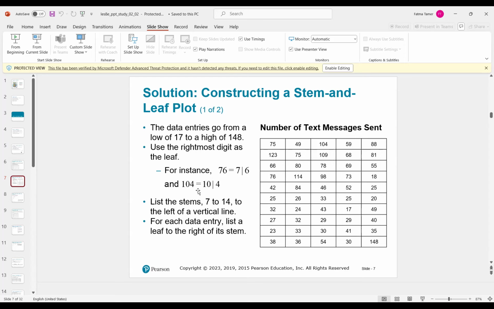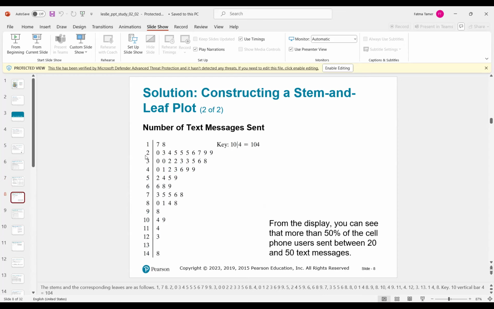For 104, the stem will be 10 and the leaf will be 4. We're going to list the stems from 1 to 14 because the last data is 148. To the right of a vertical line, for each data entry, we list a leaf to the right of each stem. So we have two numbers, 17 and 18.